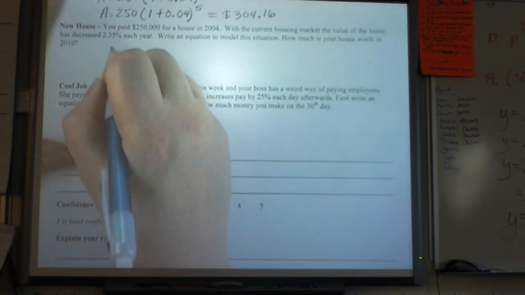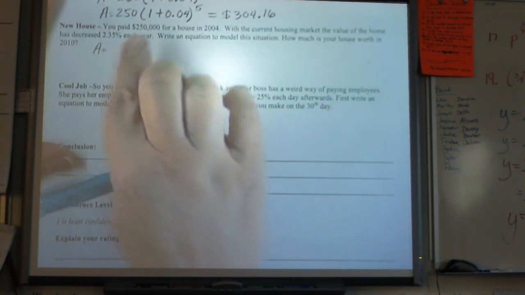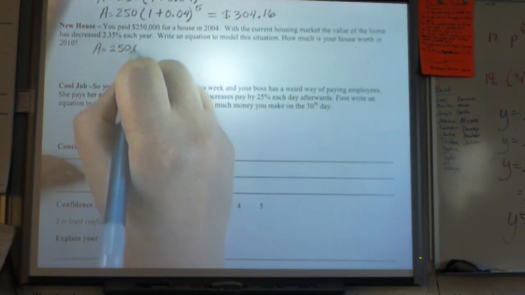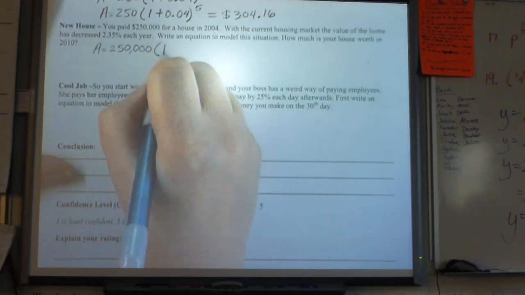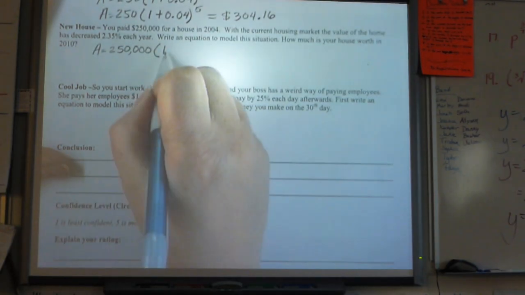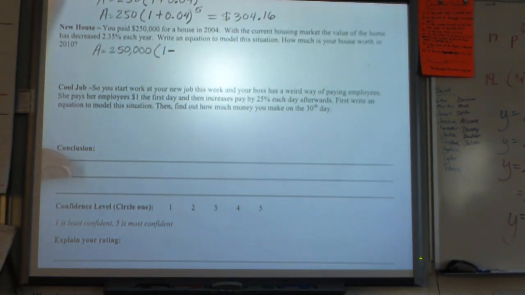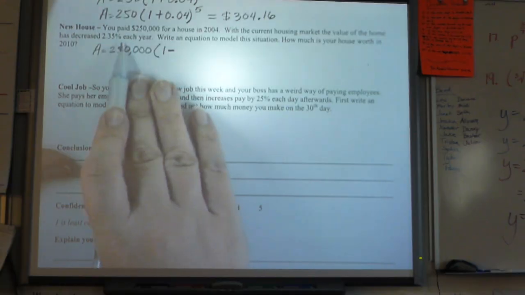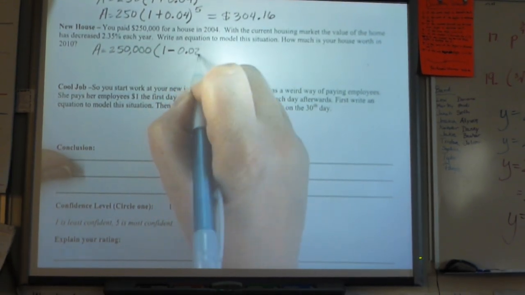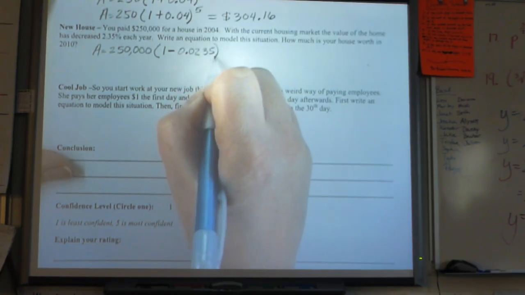So our amount of money that our house will be equal to is the principal, which was $250,000, times the 1. And what do we have here? Growth or decay? Good. Minus, because it's decay. What's our decay rate? 2.35%. Good. So minus 0.0235.